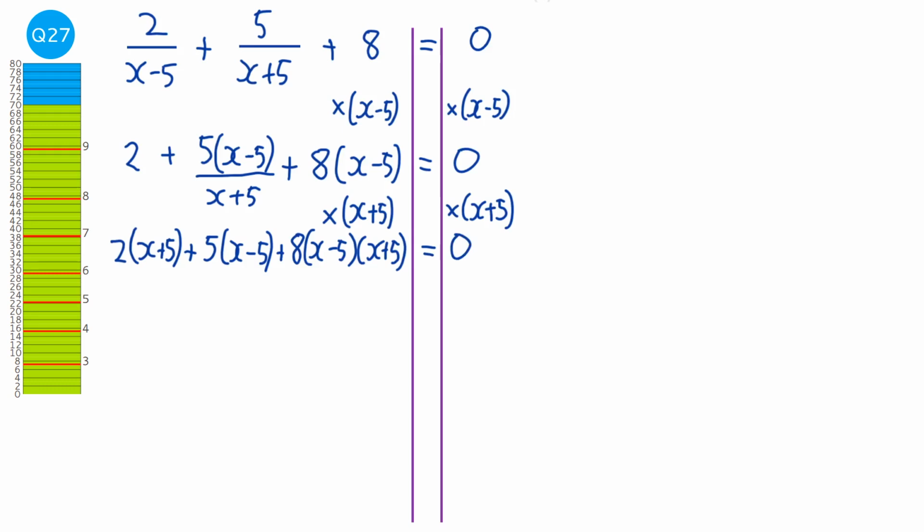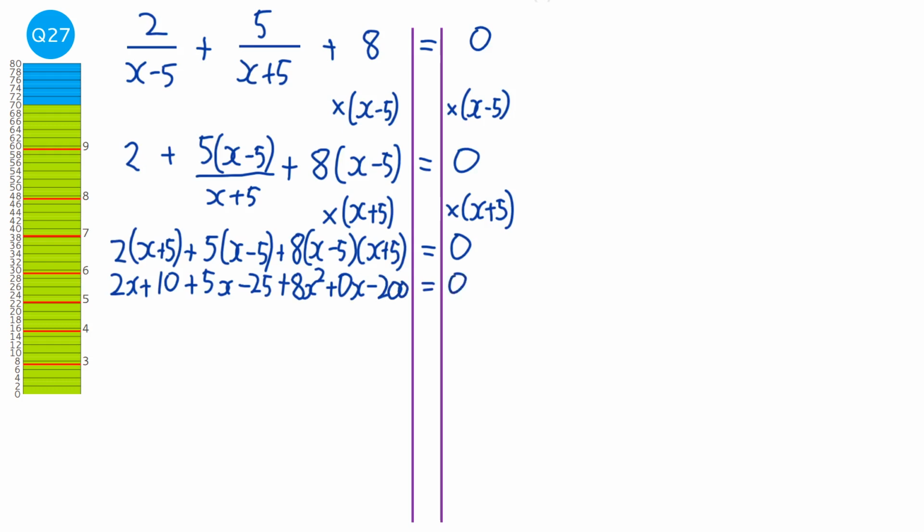Okay, next thing we need to do is multiply out these brackets. So we're left with 2x plus 10 plus 5x minus 25 plus 8x, that's a quadratic, so that will be plus 8x squared plus 0x minus 200 equals 0.